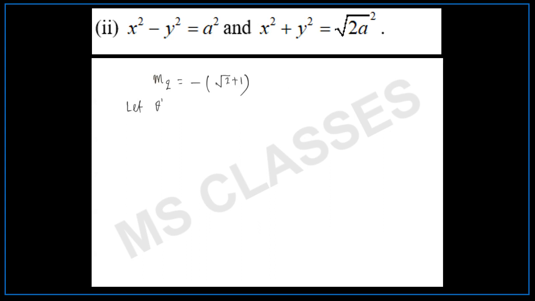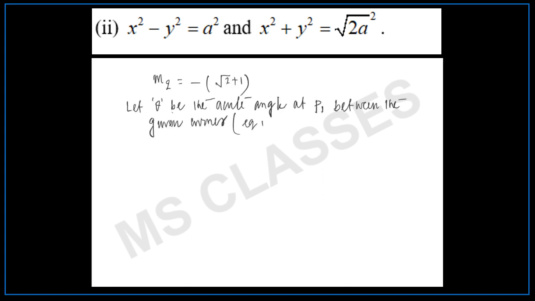Let theta be the acute angle at P1 between the given curves, that is equation 1, hyperbola, and equation 2, circle.